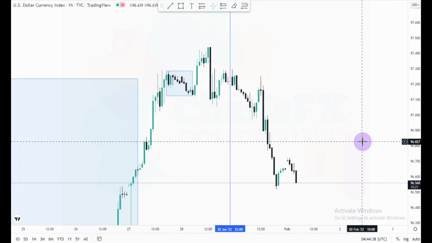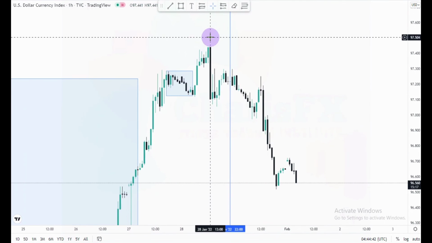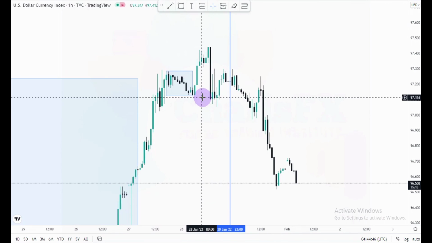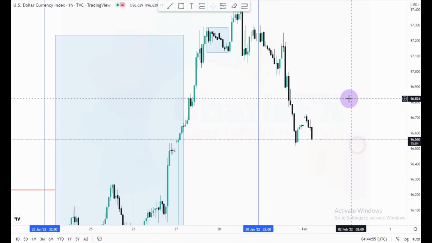You can see what's happening, right? Accumulation of orders, manipulation to take out buy stops, and you can see price broke structure bearishly, body of candle closed below that low. So we had a bearish break of structure, and price has been delivering bearishly.